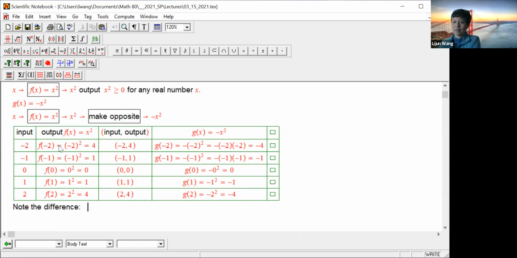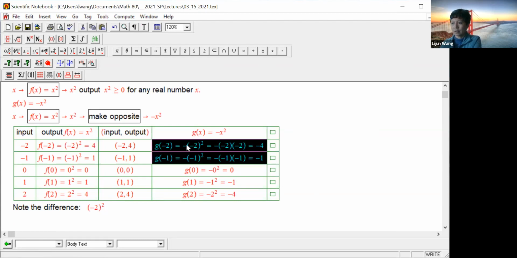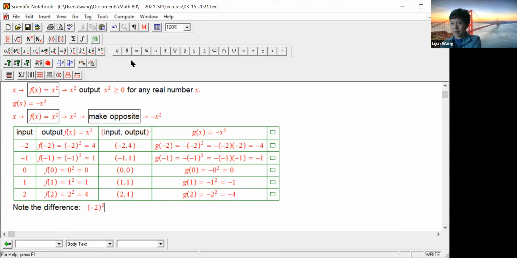Okay, one is (-2) squared, and the other one is this and that. Can you tell the differences?